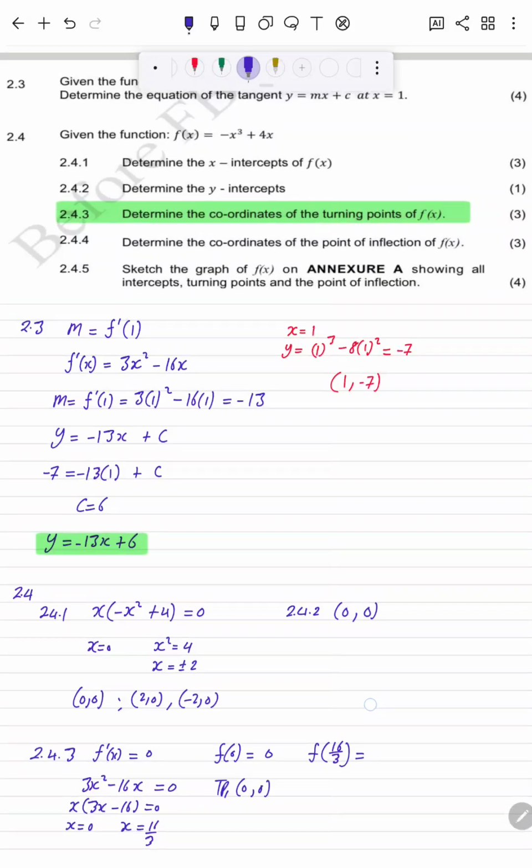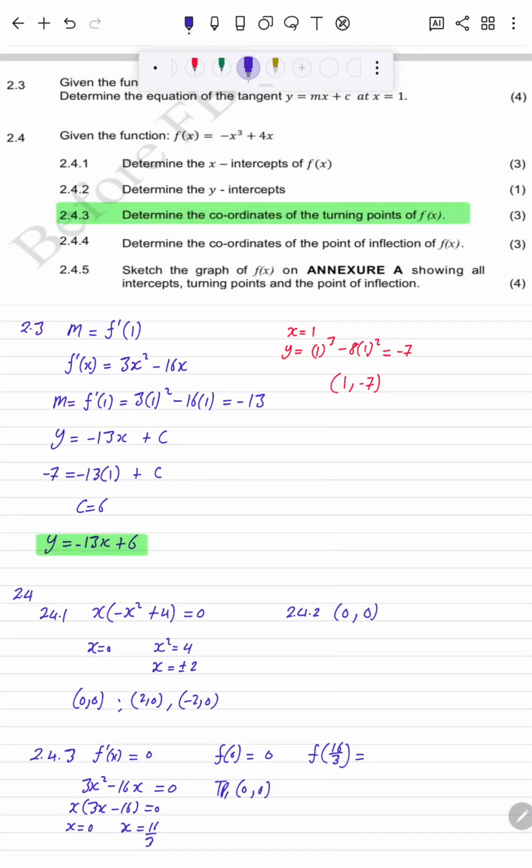So you're going to go to the function, you press minus, you open the bracket, and you're going to say 16 divided by 3. You're going to close the bracket to power 3, and you're going to say plus 4, open bracket, 16 upon 3, close bracket, equal sign. And this gives me negative 130,37.